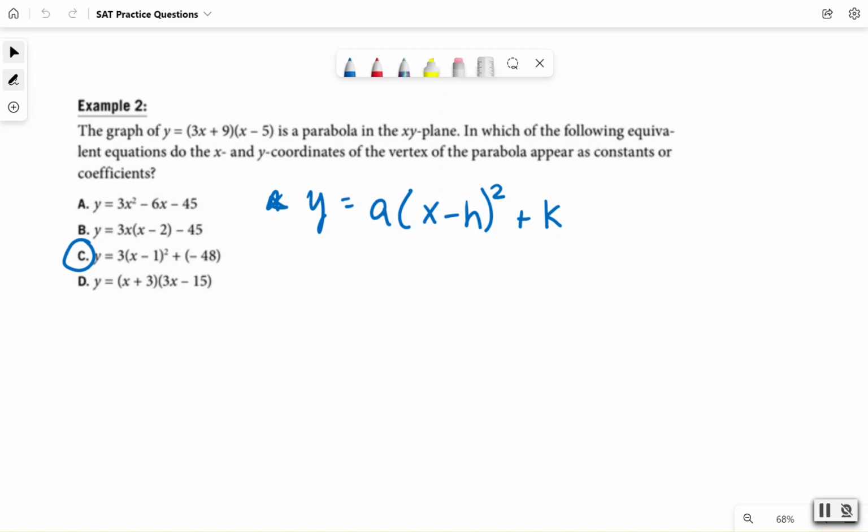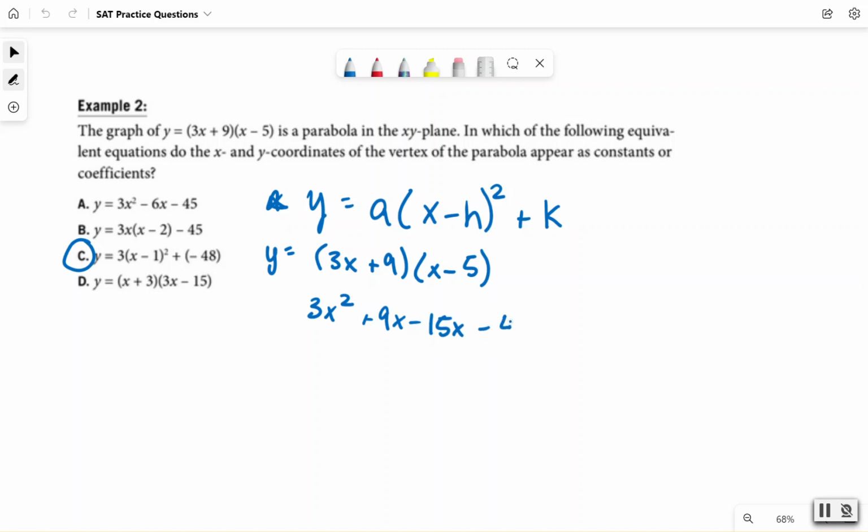It's up to you what you prefer, but let's just say y is equal to (3x + 9)(x - 5). This will be a little bit quicker as I FOIL out, but I'm going to have 3 times x, so it's 3x squared plus 9x minus 15x, and then a negative 45, right?